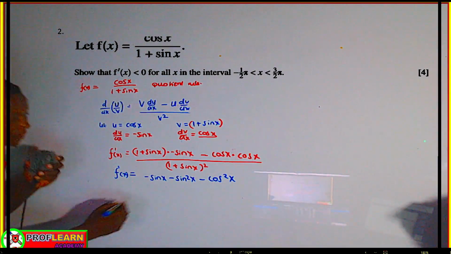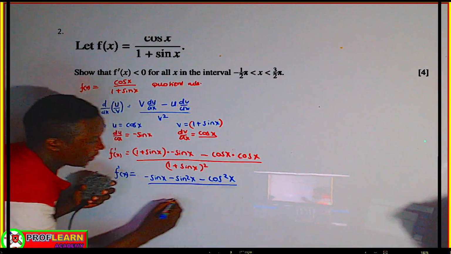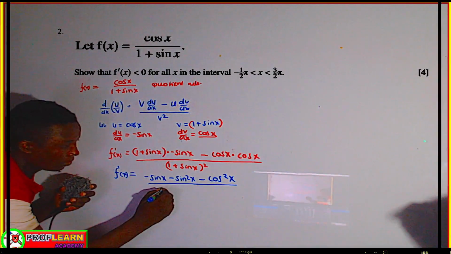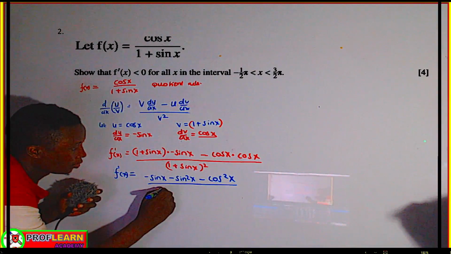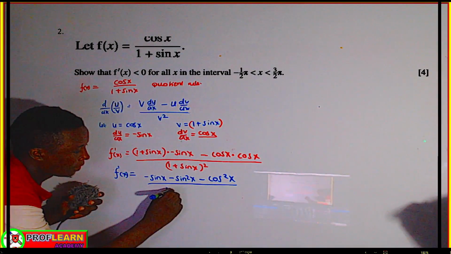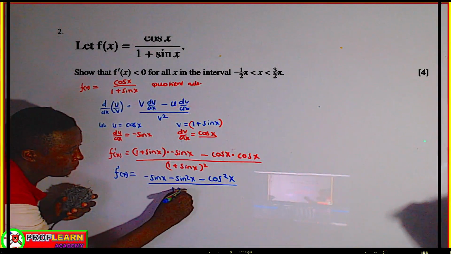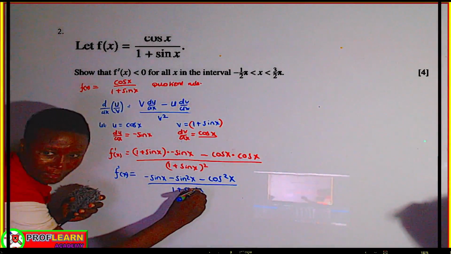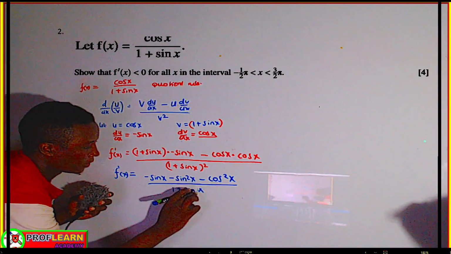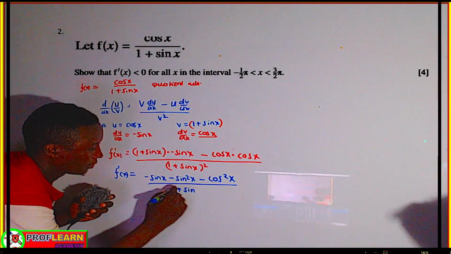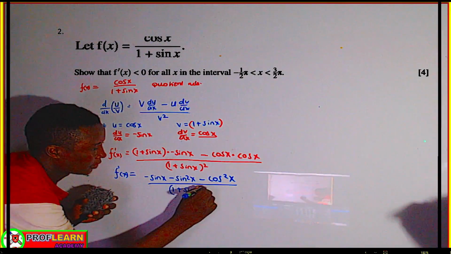That will mean, when I have this below, that this is going to be 1 plus 2. I can say 1 plus sine squared x, rather no, we shall have 1 plus sine x squared.